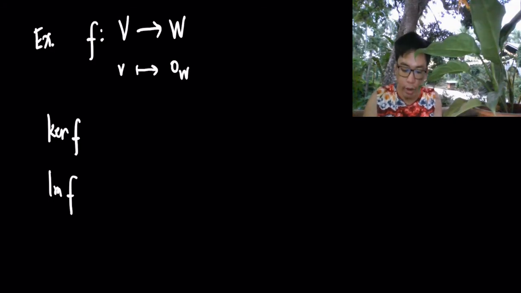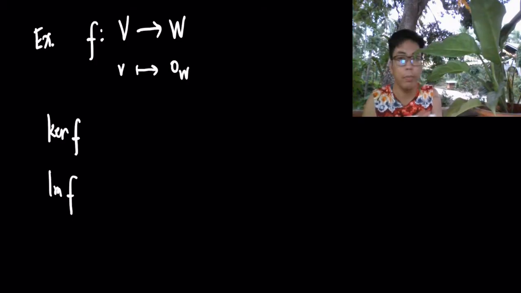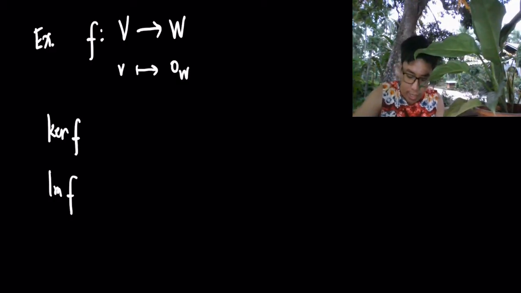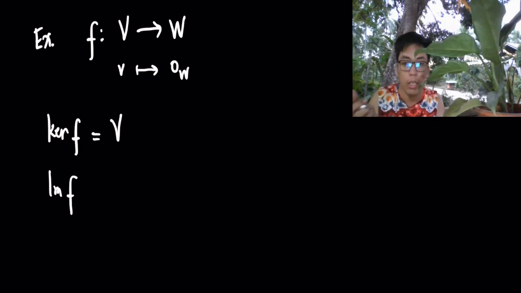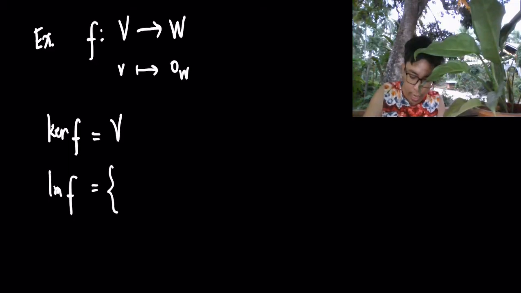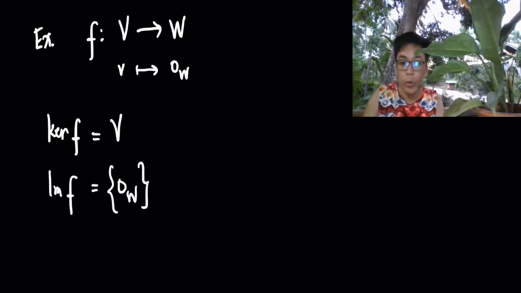Now, what's the definition again of the kernel of f? You're getting all the elements from your V which are mapped to the identity element of your W. If you take a look at the mapping for this linear transformation, all of the elements of V are mapped to the identity element of W already, meaning the kernel of F is entirely V. And the image of F is the identity of your codomain.